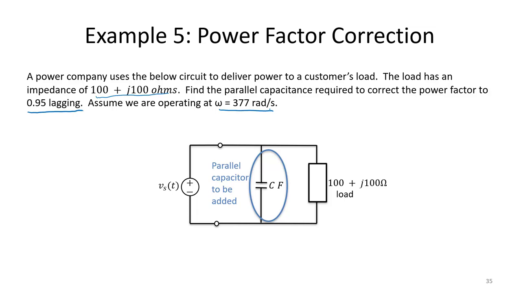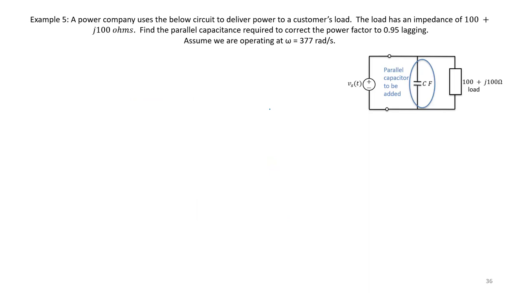First, we need to treat the circuit without the parallel capacitor and see what our original impedance is. And then we use our recipe to figure out what parallel capacitor we need. So let's give this a try. And for this question, I recommend that we follow our recipe.